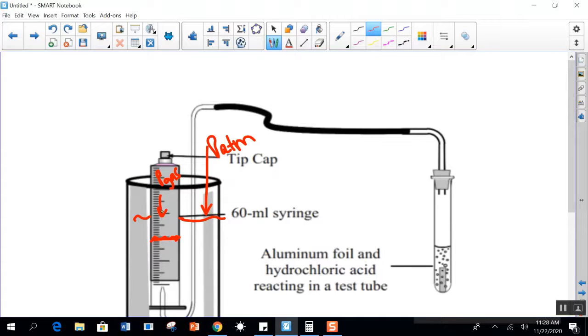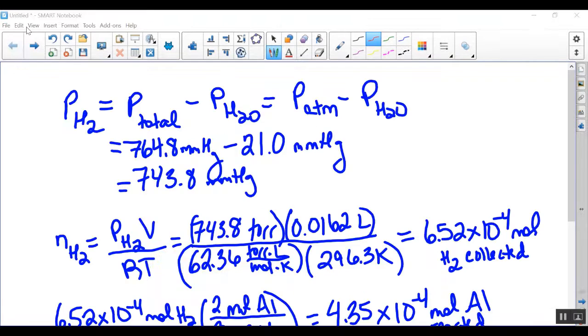The gas is actually pressing harder, so the pressure of the gas is higher than what I'm recording in the lab. If you're using the atmospheric pressure as your total pressure of the mixture, you're actually underestimating your pressure of H2. This value is too low. It should be higher if the pressure inside is higher than atmospheric pressure.